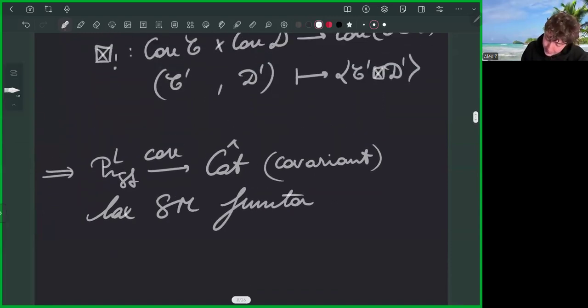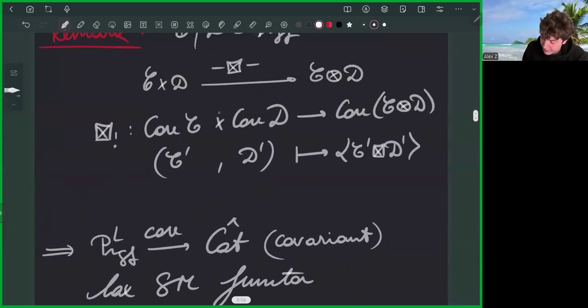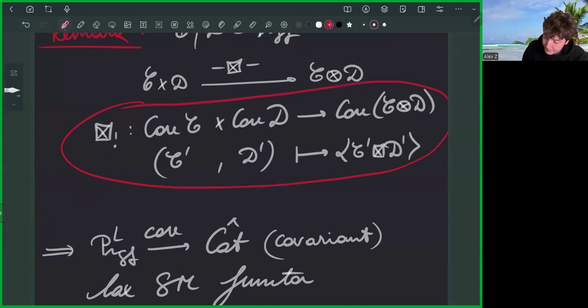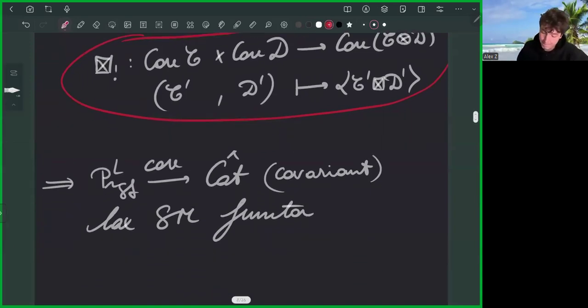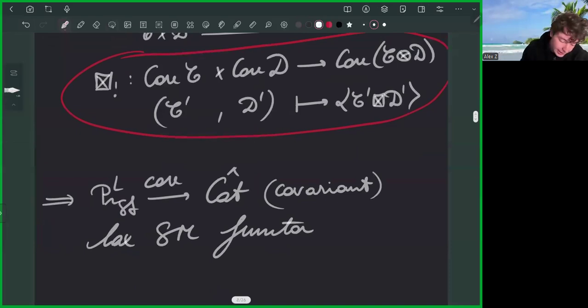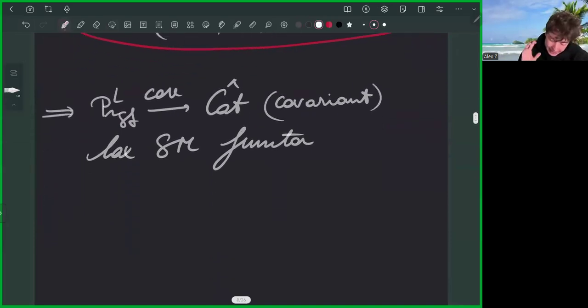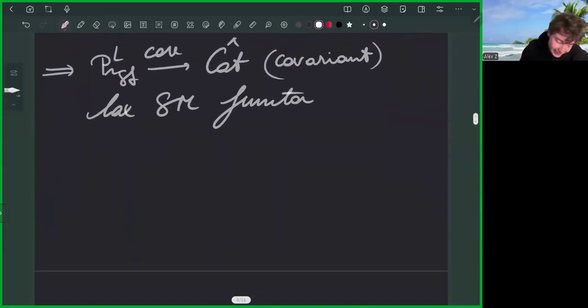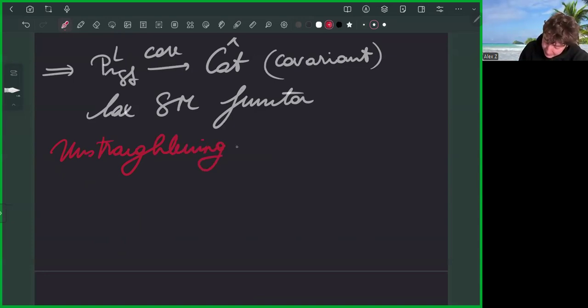Okay, so you see this here, right? These are the comparison maps that you have. And so you get a lax symmetric monoidal functor. And okay, so maybe this is not as obvious, but there's again some unstraightening magic. And I think it wasn't obvious to me.